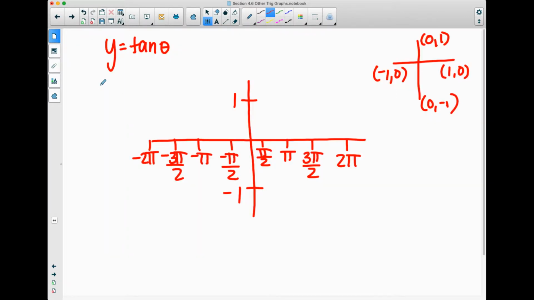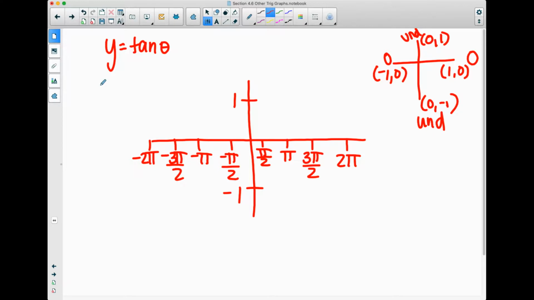Okay, so that being said, what is tangent at 0? Which makes up here undefined and 0 and undefined.